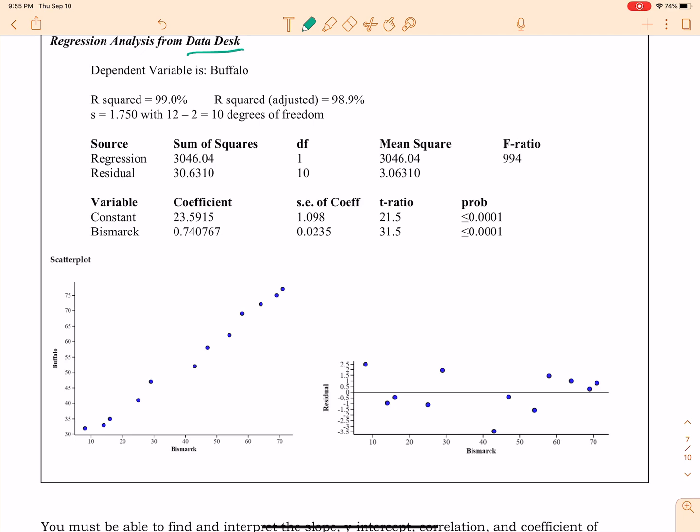All right, Data Desk. What does Data Desk look like? Well, Data Desk has some interesting features. It tells you right up front what your dependent variable is so that you can go ahead and prepare to write your LSRL. So where is this going to be?